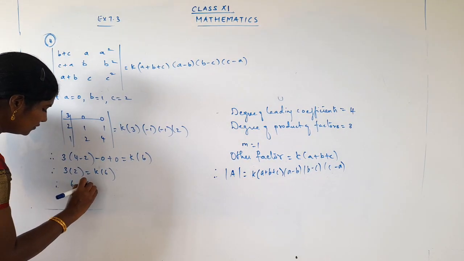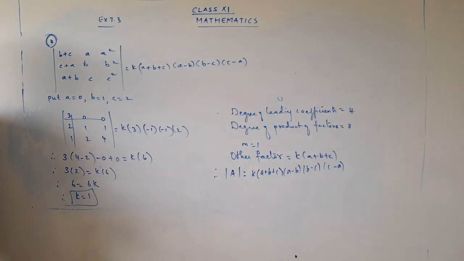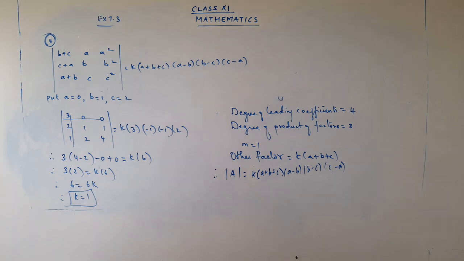I get 6 is equal to 6K. Therefore K is equal to 1. I have found the answer for K as 1. Substitute the value for K. So we have just used that relation, determinant of A is equal to K into a plus b plus c, a minus b, b minus c, c minus a.